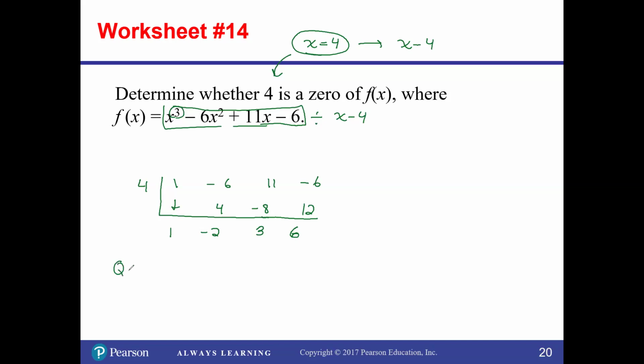So my quotient, like I said, this last number is your remainder. So my quotient is going to be these numbers. Because we had degree 3, we go down a degree. I would be at x squared, or you could say 1x squared, minus 2x plus 3. And my remainder is going to be that 6.